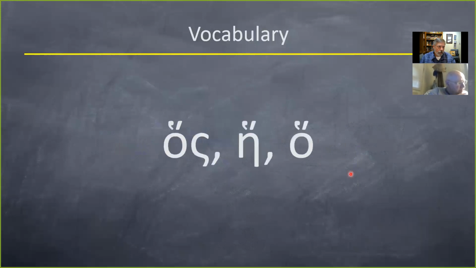Gotcha. All right, here's our relative pronoun. Rough breathing with the accent mark. Hos, he, ho. And it means who, which, or that. Right? Yeah. Okay. So we're marching right along.